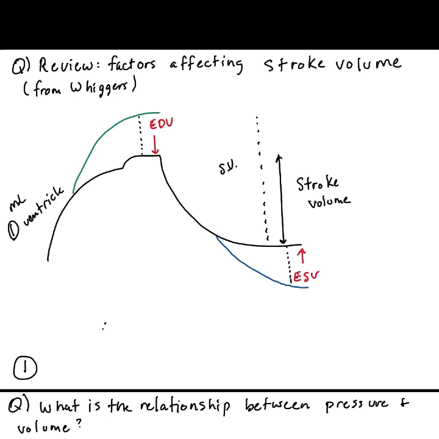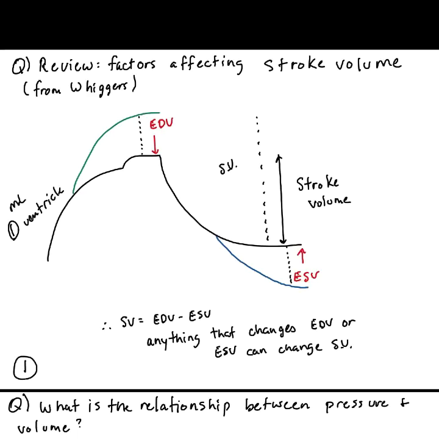So stroke volume is simply equal to EDV minus ESV, and therefore anything that changes EDV or ESV can change our stroke volume.